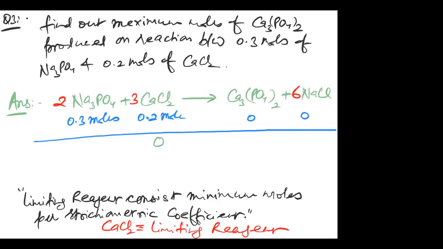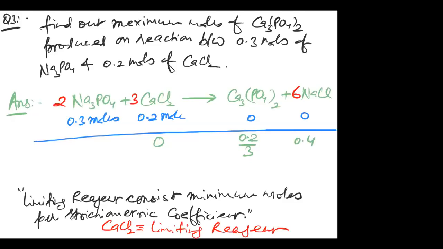So from 3 moles you are getting 1 mole, so from 0.2 it should be 0.2 divided by 3. From 3 moles you are getting 6 moles of NaCl, so you will get 0.4 moles. From 3 moles of CaCl2 you are consuming 2 moles of Na3PO4.